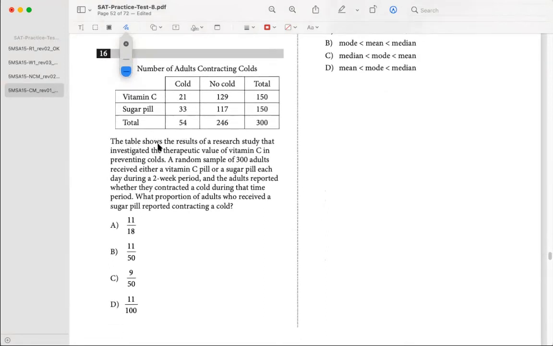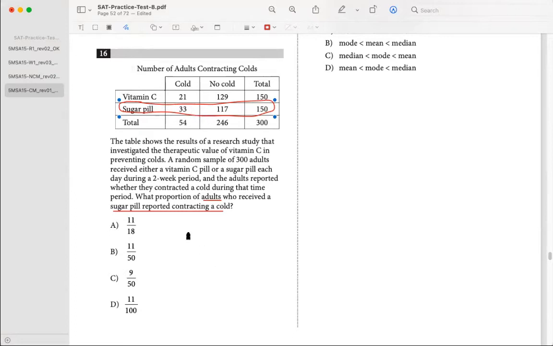Okay, the table shows the results of this research study on vitamin C therapy. A random sample of 300 adults received vitamin C pill or sugar pill. What was the proportion of adults who received the sugar pill who reported contracting a cold? So you have to look at the total out of the sugar pills. Who contracted a cold?